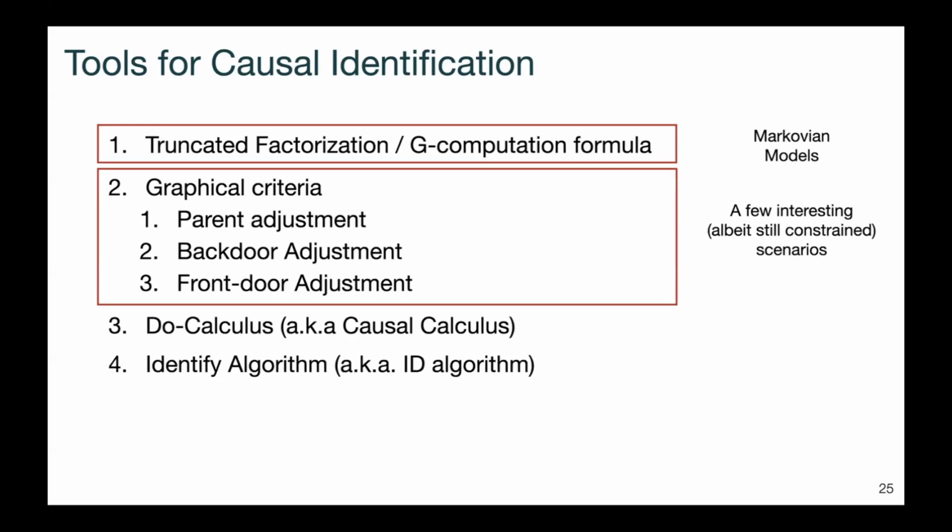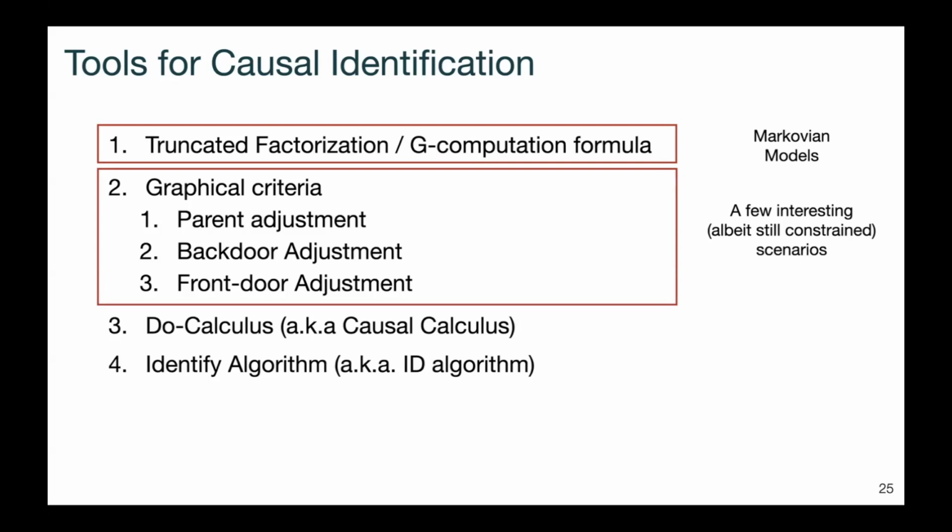The do-calculus is extending probabilistic calculus to infer causality. And we also have the ID algorithm, which is equivalent to the applications of the do-calculus.